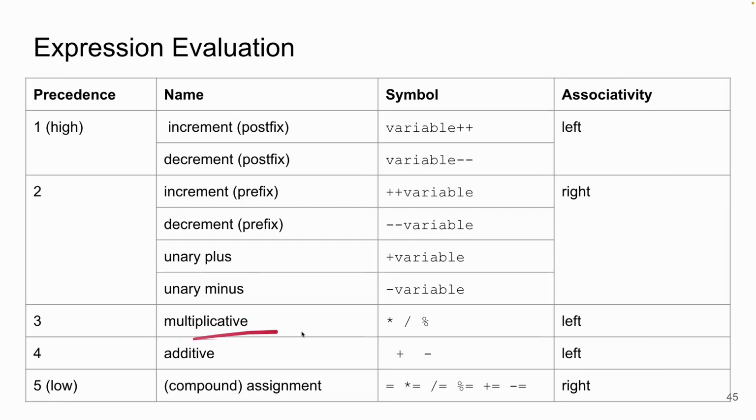Here I forgot to add the names of the other operators, sorry about that. In this line we have multiplication, division, and remainder, and here we have addition and subtraction. We also talked about compound assignment and assignment. You can see the compound assignment has the lowest precedence compared to the other operators.